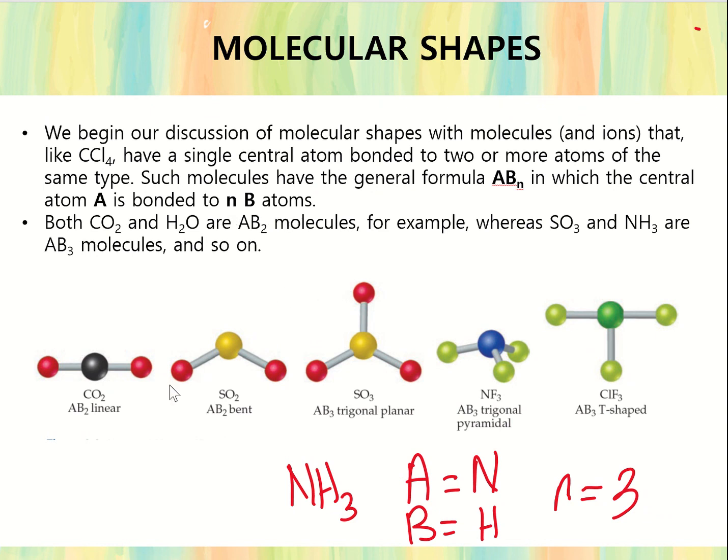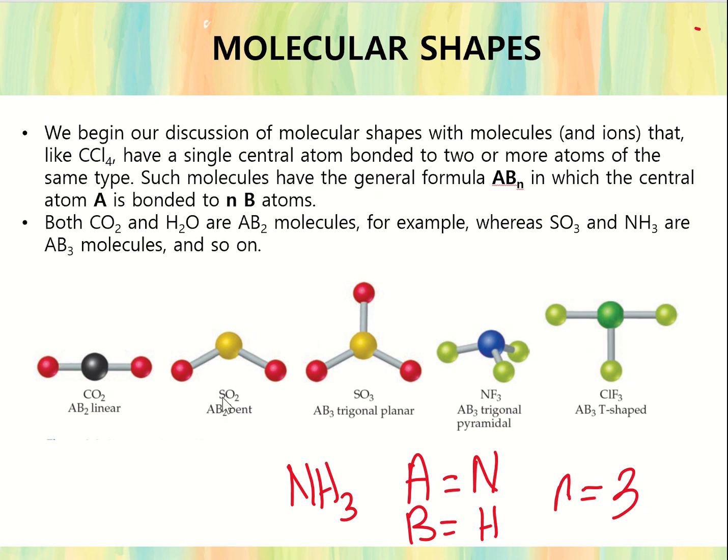So let's look at some examples here. For carbon dioxide, it is a linear molecule, and A is carbon and oxygen is B, and n is equal to 2, right? As opposed to these various other molecules, notice we have different shapes: bent, trigonal planar, trigonal pyramidal, and T-shaped, right?